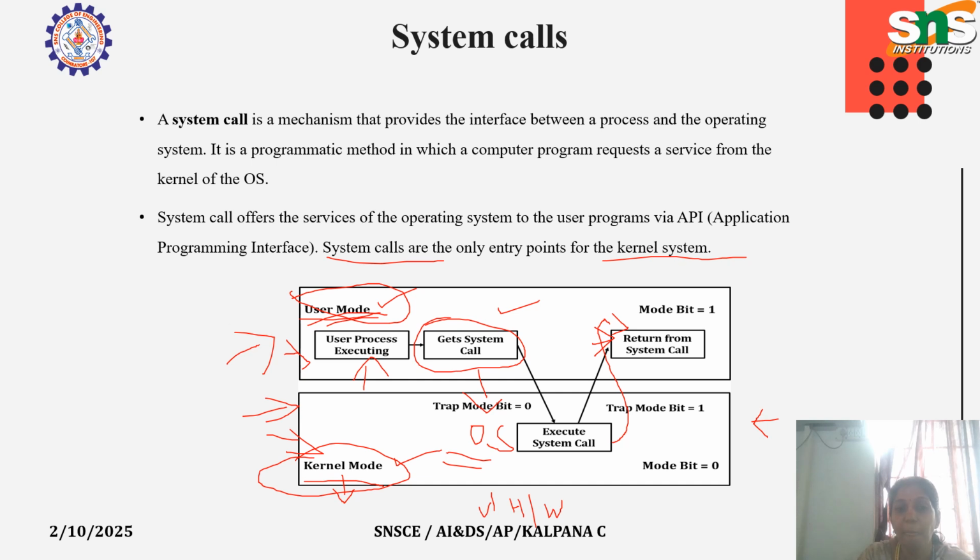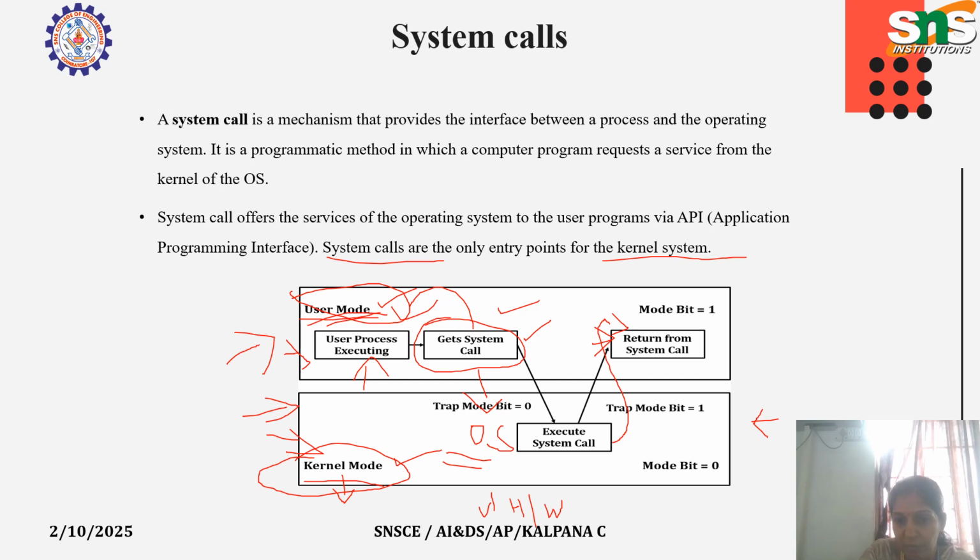First, the user is executing a program. In case any kind of input output operations or events need to happen, or any kind of services this user program needs, at that time a system call will be generated to provide service to the user program. When it gets generated, the control passes to your kernel mode, that is the operating system.